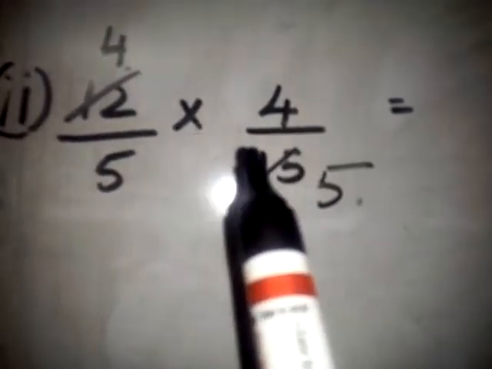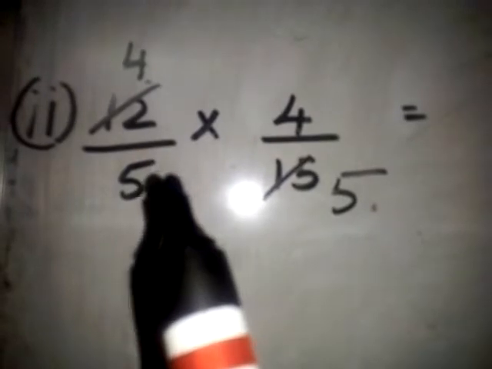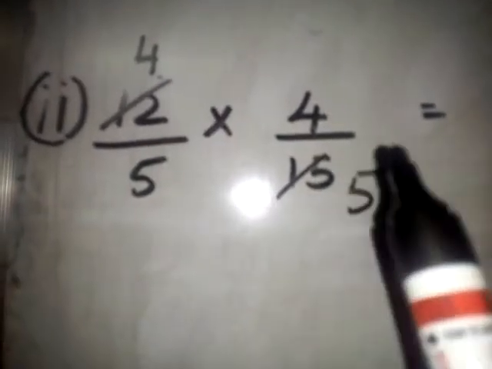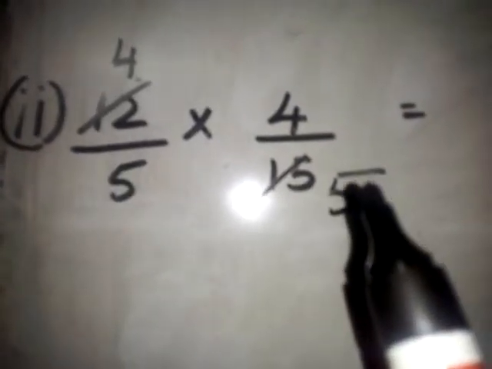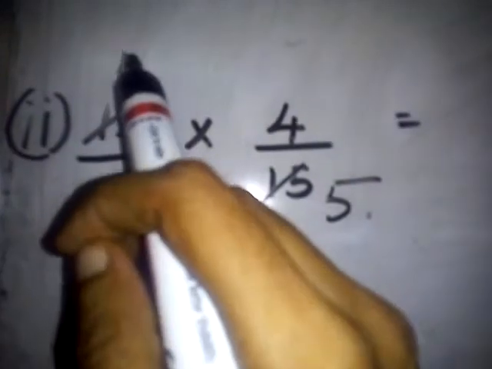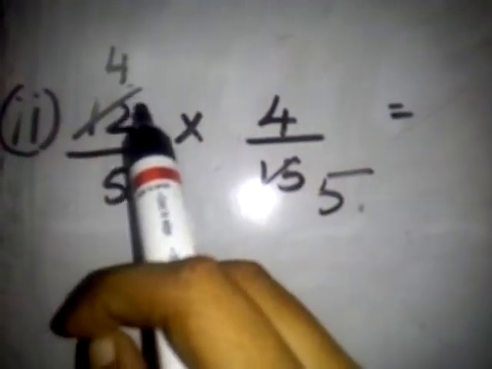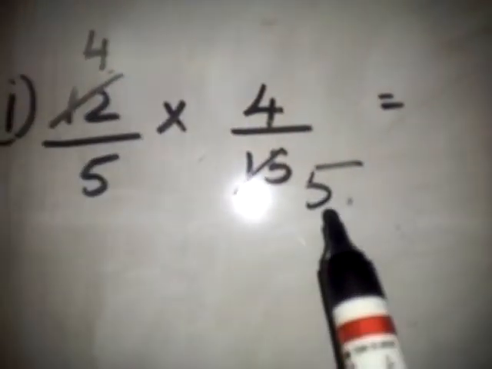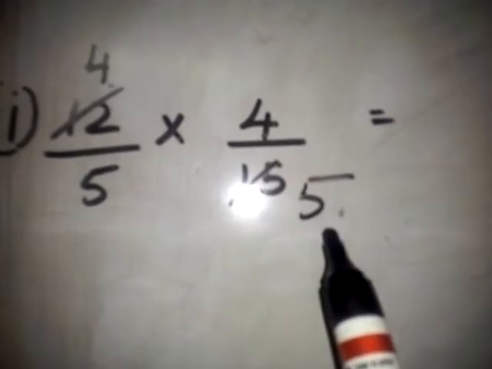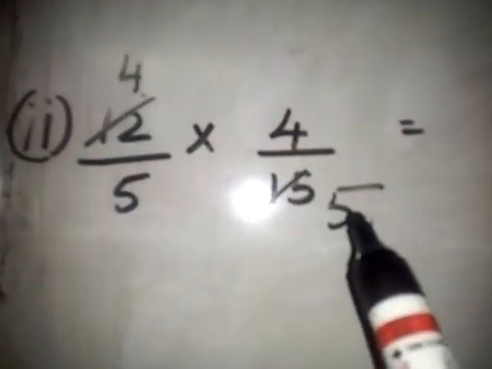You have to check everywhere in numerator and denominator which are in the same number's table, and then you can do the cancellation method. After dividing 12 by 3, quotient is 4. After dividing 15 by 3, quotient is 5. So that's why I cancelled, and I wrote the answer here.